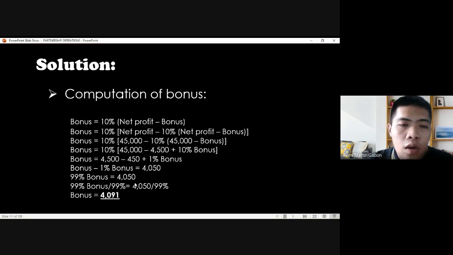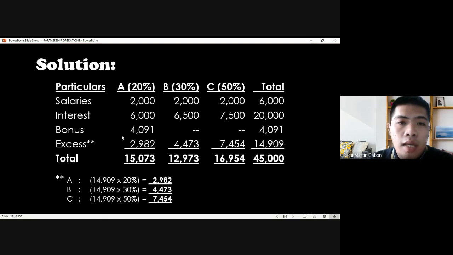So for 4,050 over 99%, yung magiging bonus is 4,091 kay A. So distribution yan, ganyan. Positive excess pa rin na 14,909. So distribute yan, 15,073 kay A, 12,973 kay B, and 16,954 kay C.